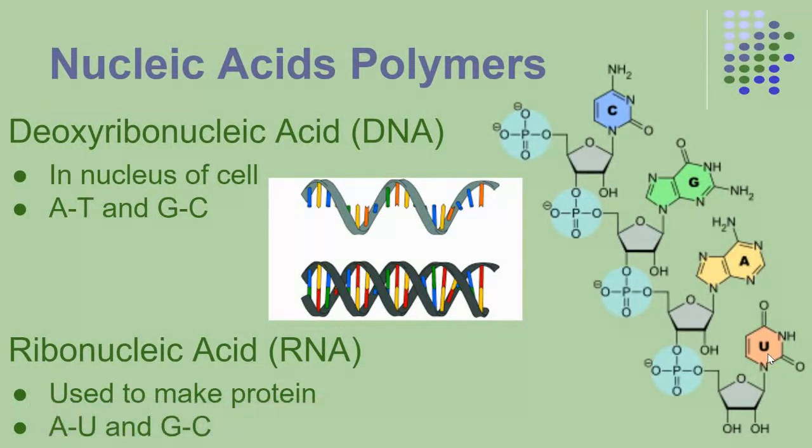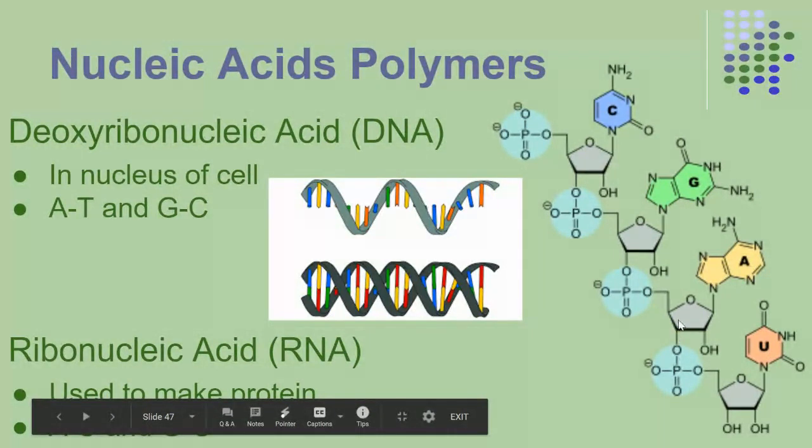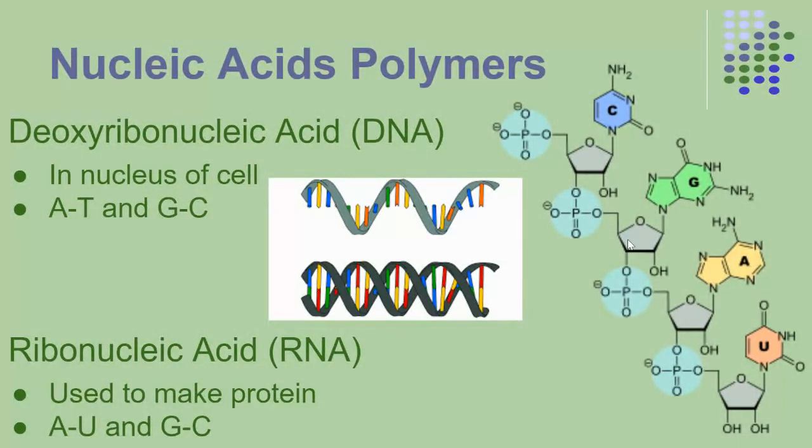You can see where the phosphate group bonds to the sugar, and then that bonds to another phosphate group and another sugar and another phosphate group, making a big long chain. The nitrogen bases are in the middle of that chain. These colorful little tabs on these structures are the nitrogen bases.